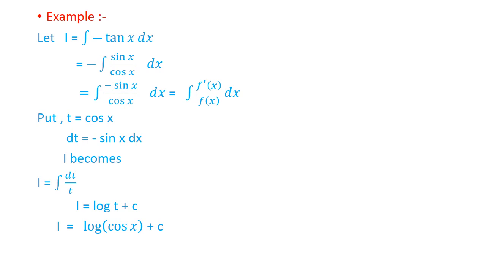Let us consider one example. This example also gives us one formula. Here let I be equal to integration of minus tan x dx. Now taking the negative sign outside the integral, we have integration of sin x by cos x dx, which is equal to integration of minus sin x by cos x dx, and this is of the form integration of f dash of x by fx dx.